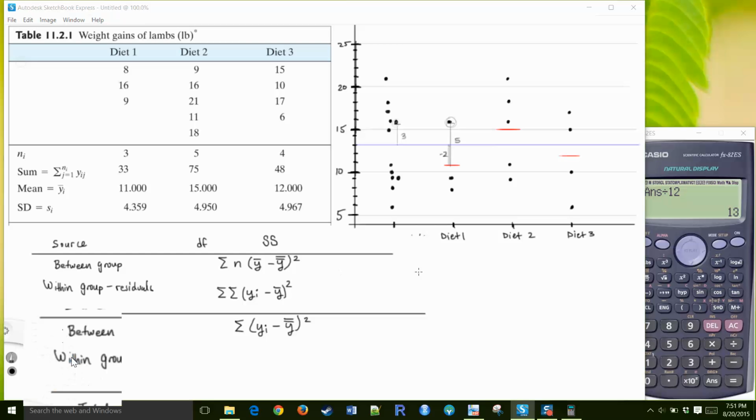Okay. So we're going to do 8 minus 13 plus the next data point, 16 minus 13 squared, plus the last one, 9 minus 13 squared.